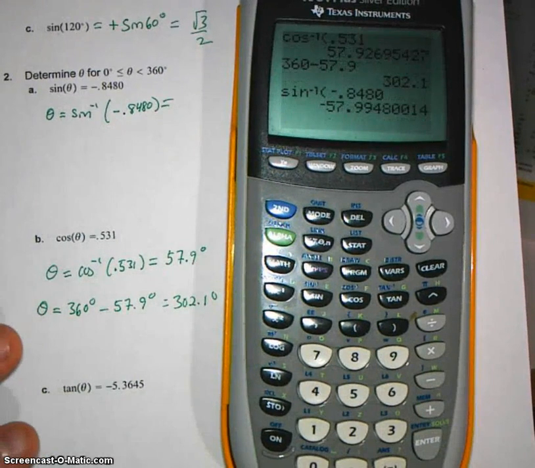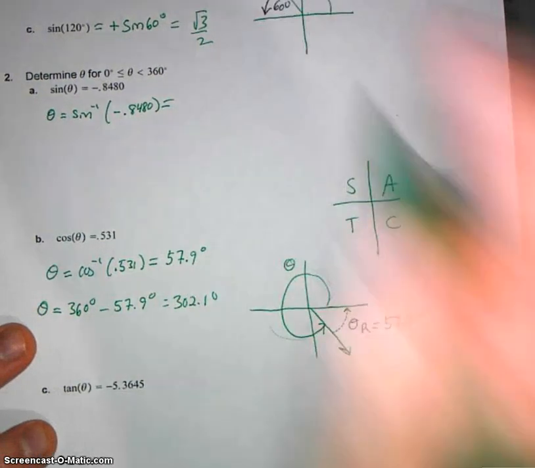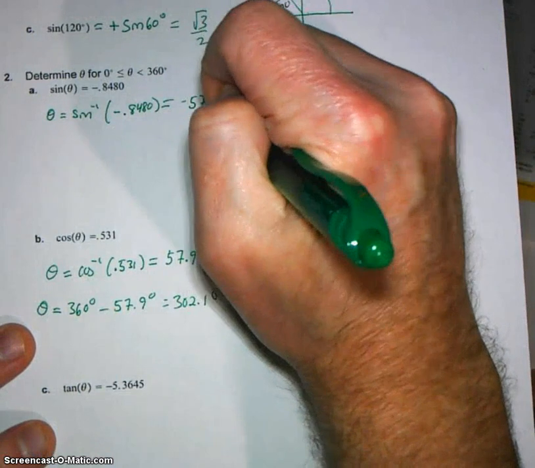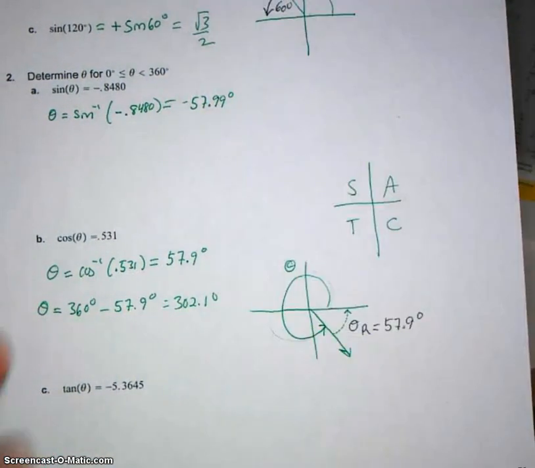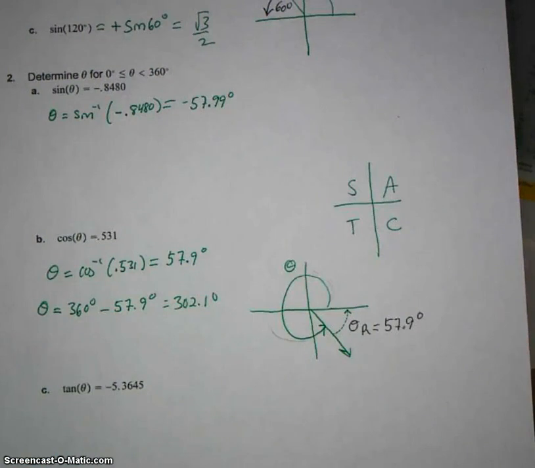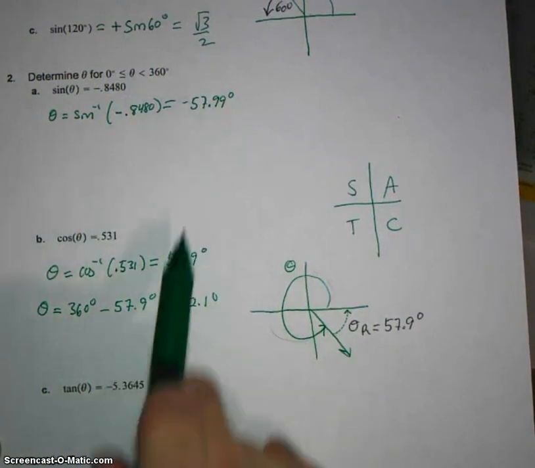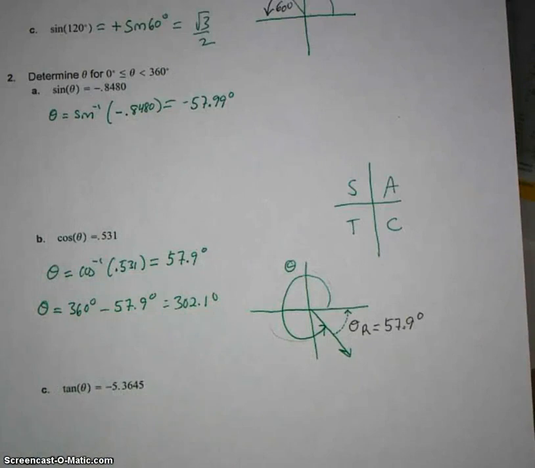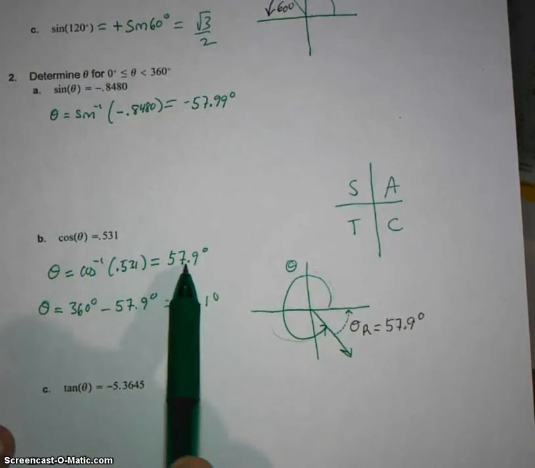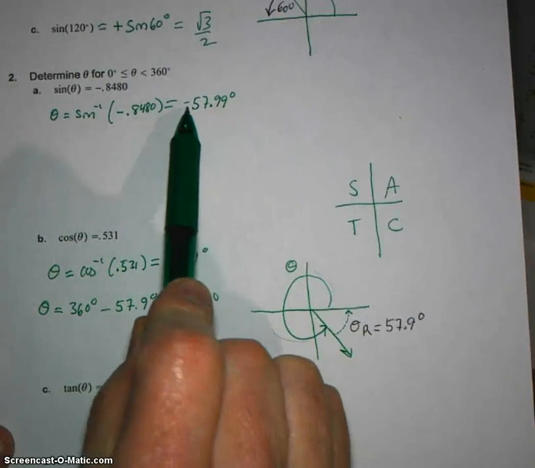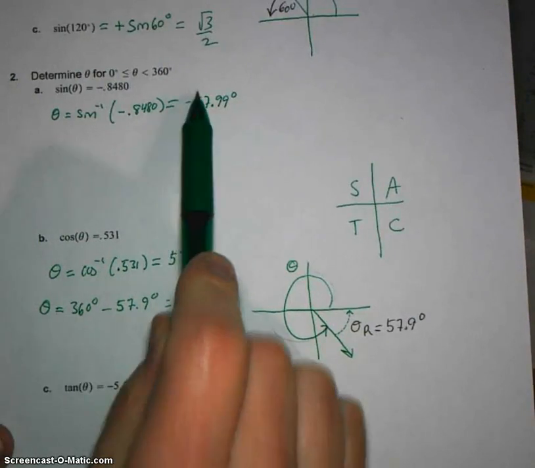We're going to call this negative 57.99 degrees. Okay, so you might be wondering why. Well, this is a happy coincidence that these answers are almost the same, but one's positive, one's negative. Don't worry about that. But you might be wondering, why did this one give us an answer in quadrant 1 while this one gave us a negative angle?